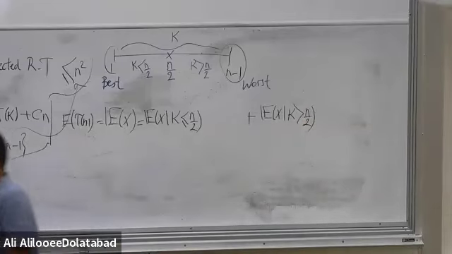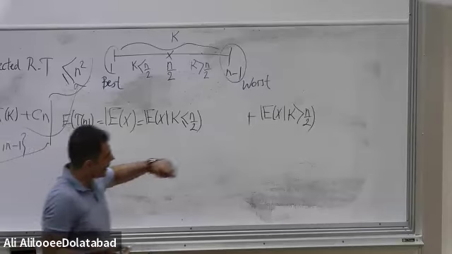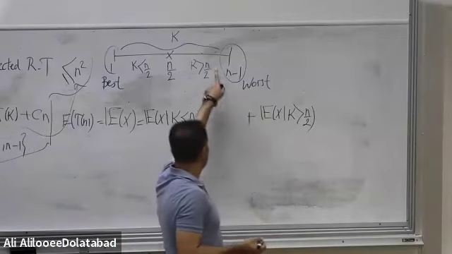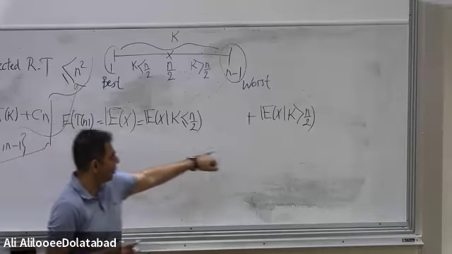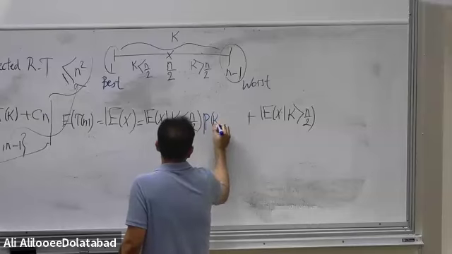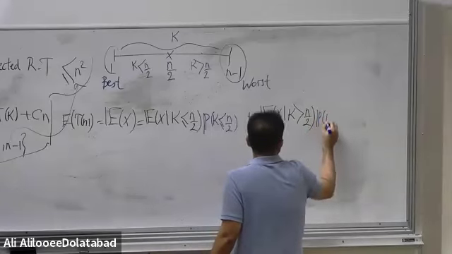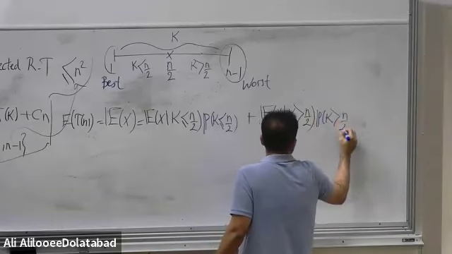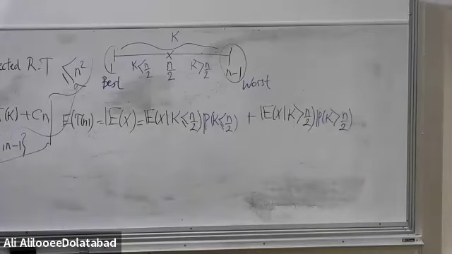You have 2 scenarios: when k is less than n over 2, you are in this part of your spectrum, and when k is bigger than n over 2, you are in this part of your spectrum. As we explained before, since we have some uncertainty, we do not know which one happened, this uncertainty should be added as the probability of k less than or equal to n over 2, and the probability of k bigger than n over 2. Any questions?